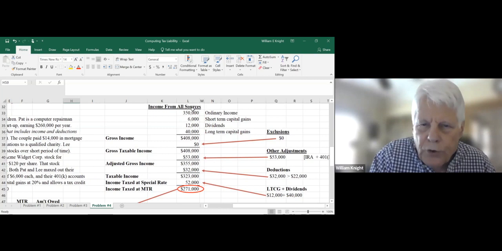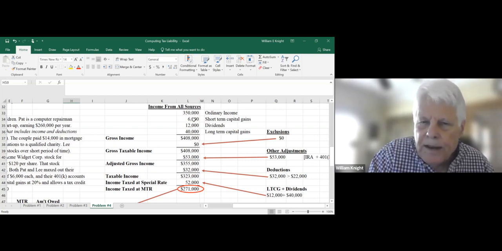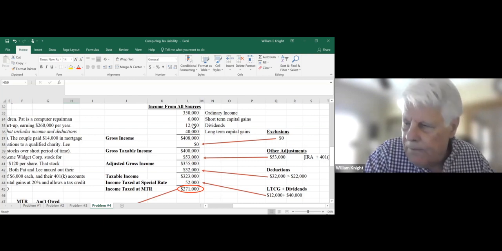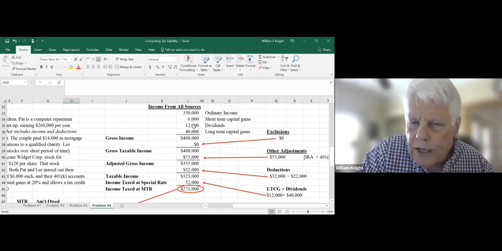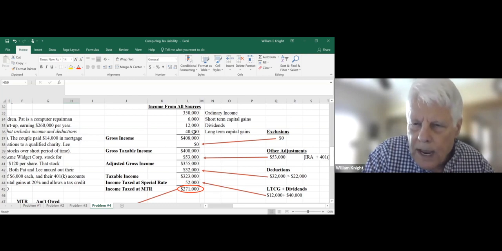Their income from all sources would be $350,000 in combined salaries, $6,000 in short-term capital gains. That's where Lee was day trading. $12,000 in dividends that they got during 2022, the taxable year, for the stock they owned in Acme Widget Corporation. $40,000 in long-term capital gains.